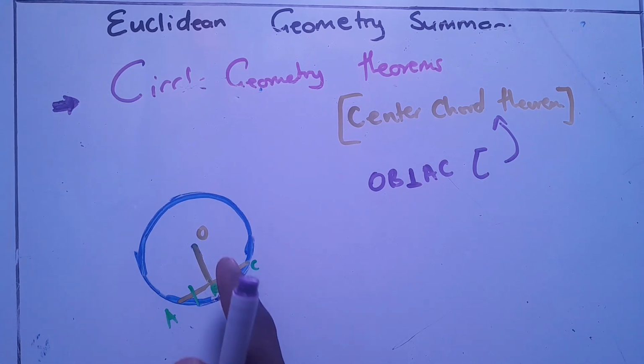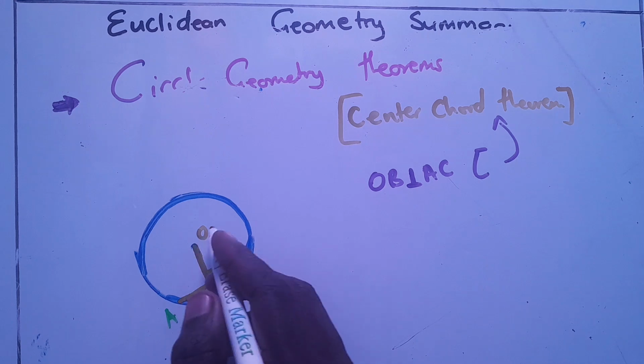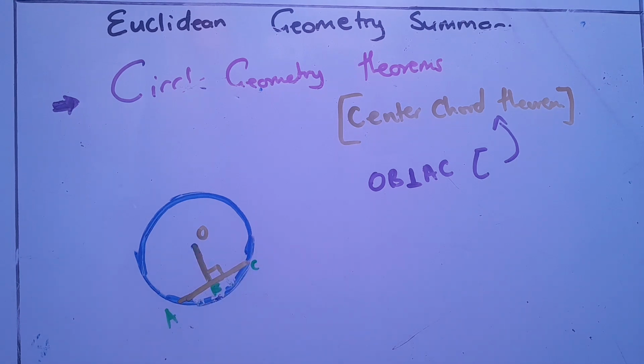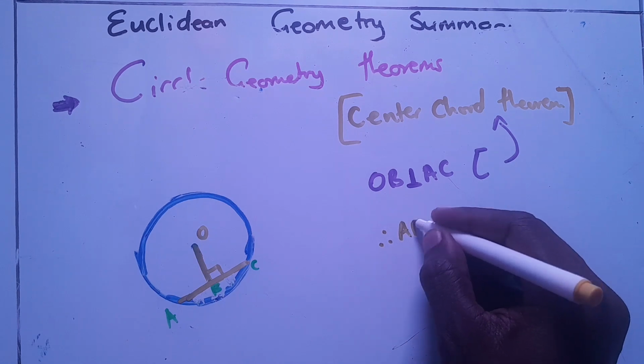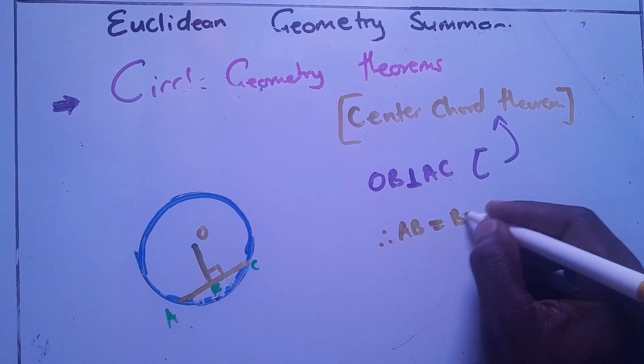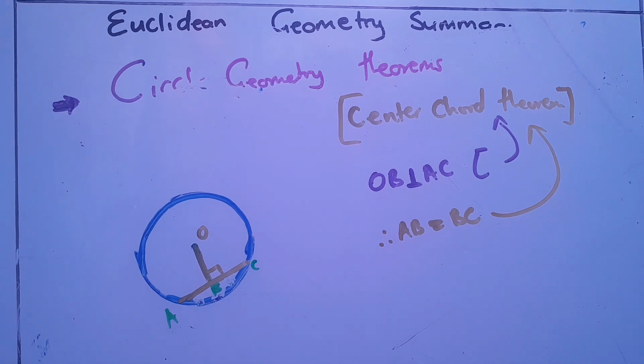So again, they can give you that vice versa, right? They can also give you this line, and they say OB is perpendicular to AC. But you can see that this line is from the center and this is our chord. So if this is our chord and this is perpendicular to that, we can conclude that therefore our AB is equal to our BC. And the reason being, again, it is center chord theorem.